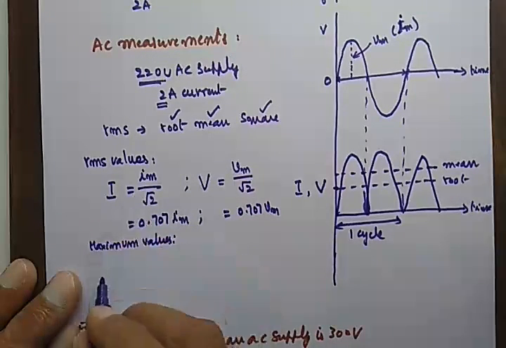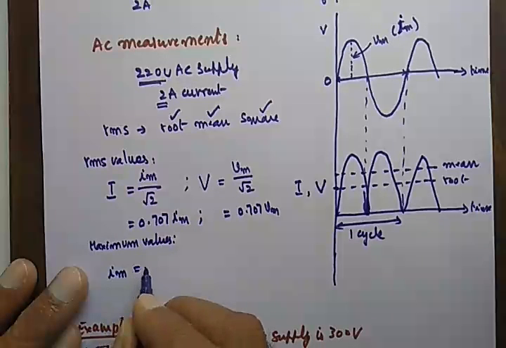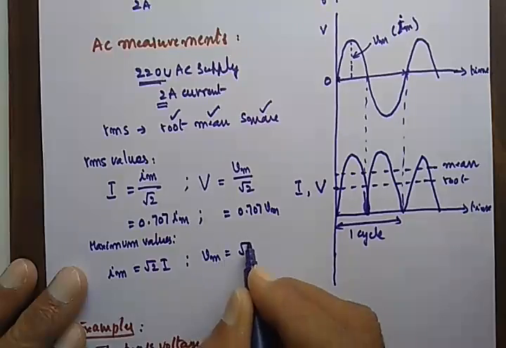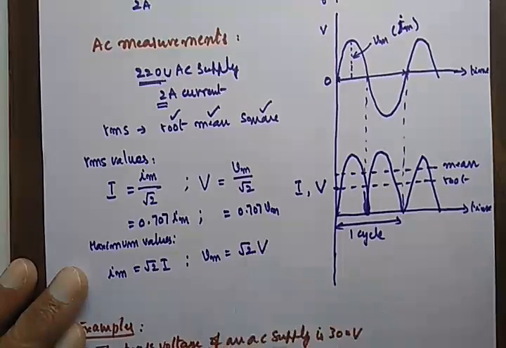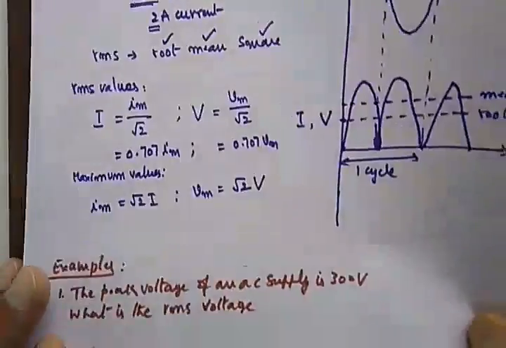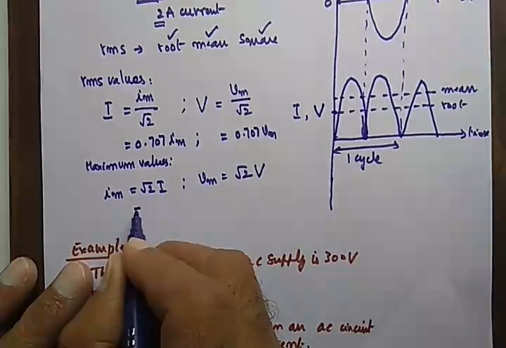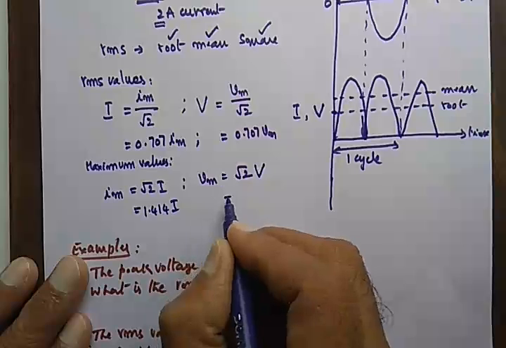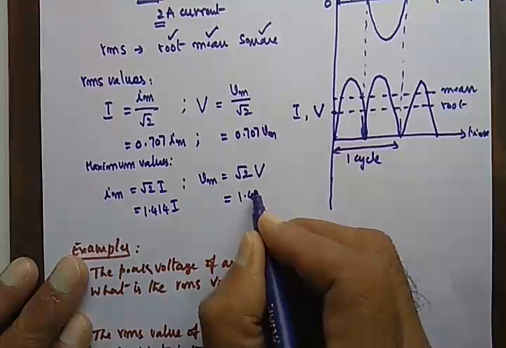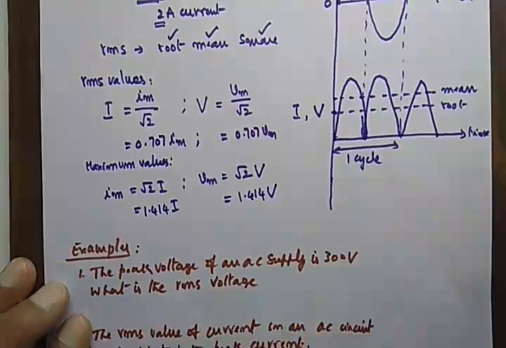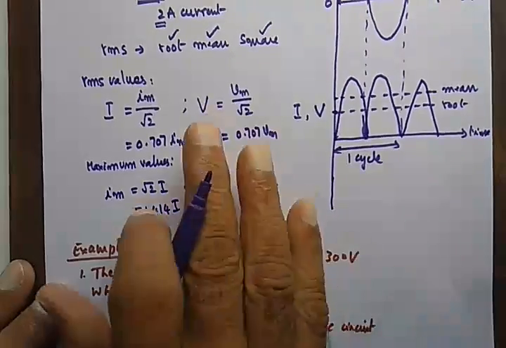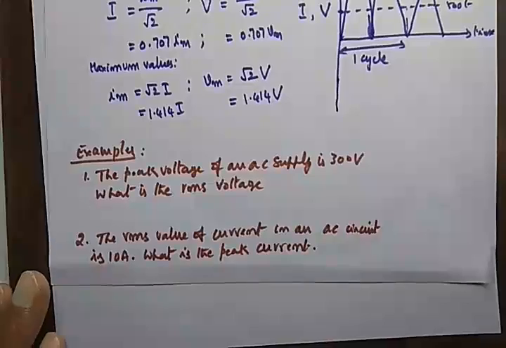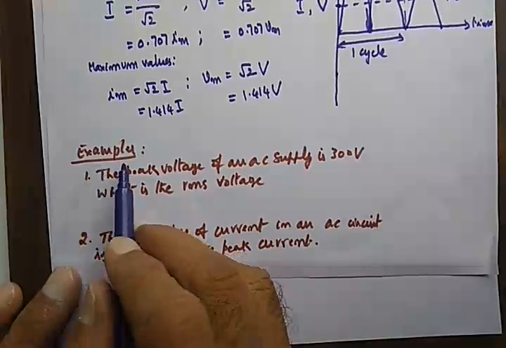From this, IM is square root 2 times I, and VM is square root 2 times the V RMS value. So IM is equal to 1.414 I, and VM is equal to 1.414 V. These are the equations involved here. So let us solve two examples.